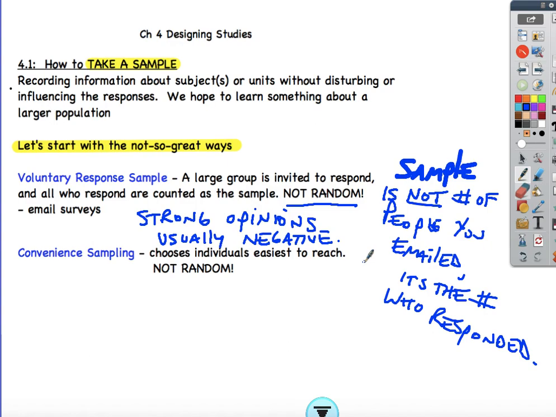Convenience sampling, that's just like going up to whoever is close by and just asking them to be a part of your sample. It's also not random at all. There's most definitely going to be bias involved.